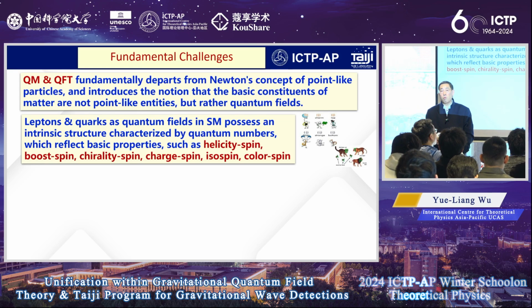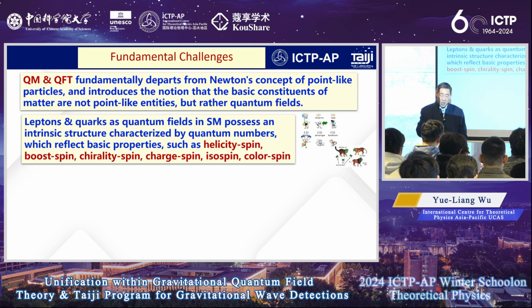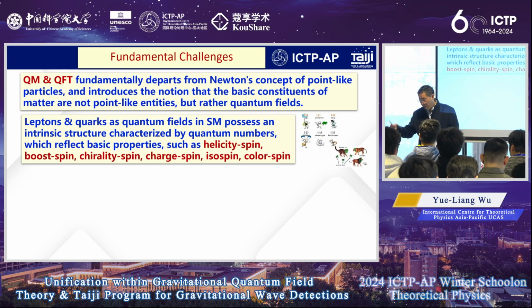The question is whether we directly extend the point particle to the quantum field, or we extend the point particle to a one-dimensional string, and then further extend the string to string field theory. Okay, so I think we need to discuss that.